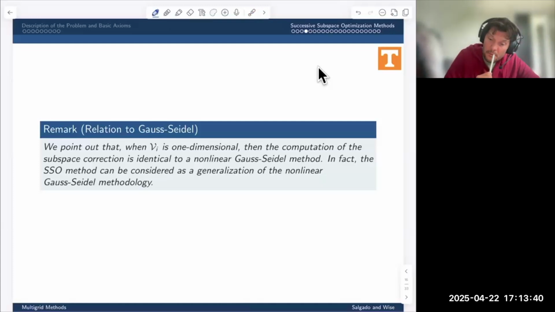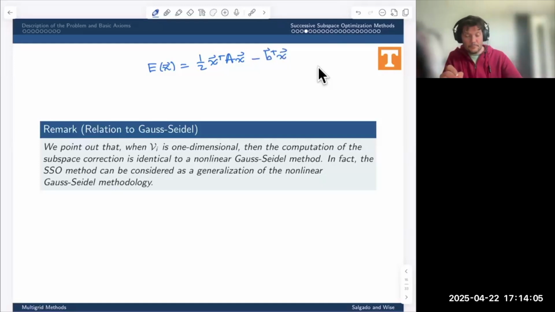The one that we were optimizing was E of x equals 1/2 x transpose A x minus b transpose x, and this A is SPD.